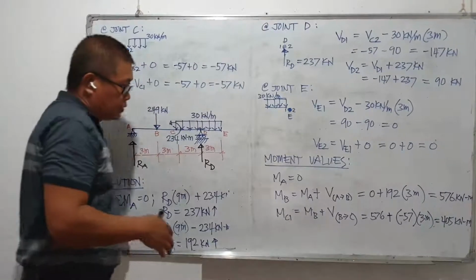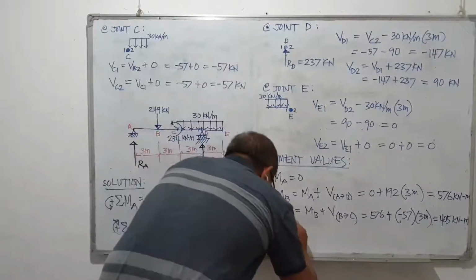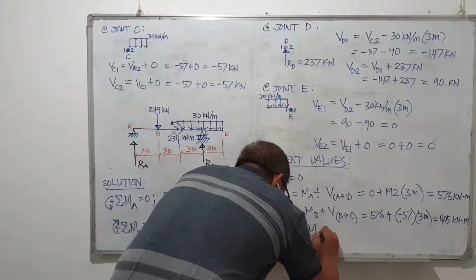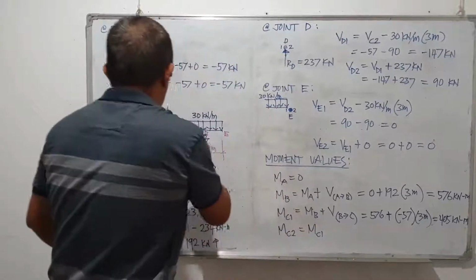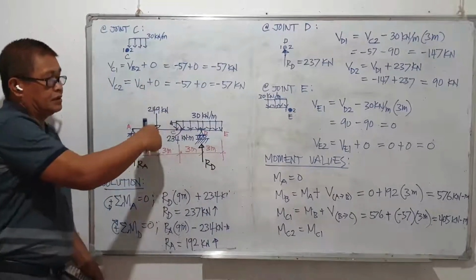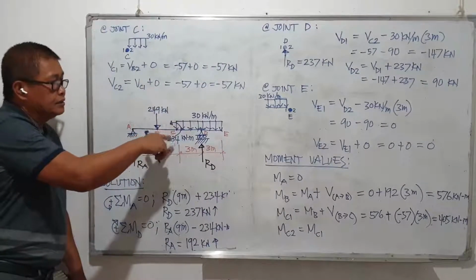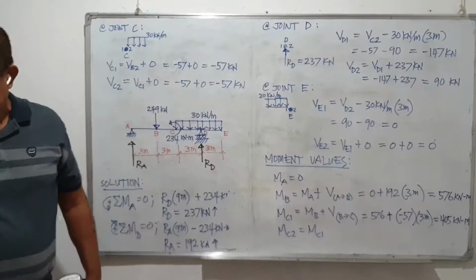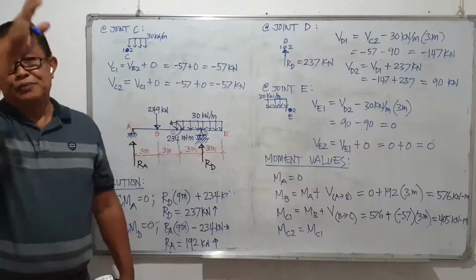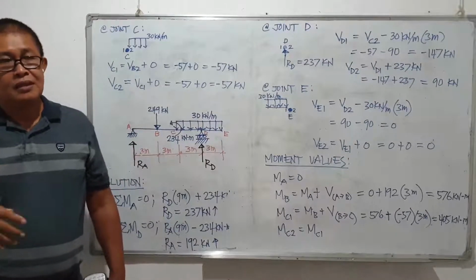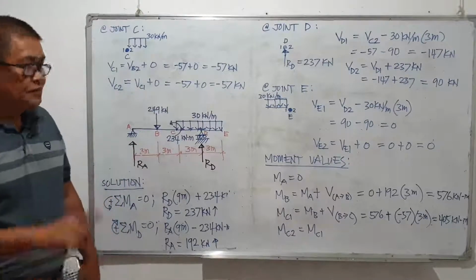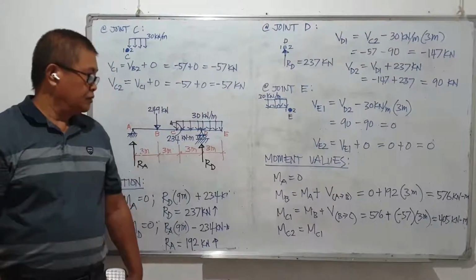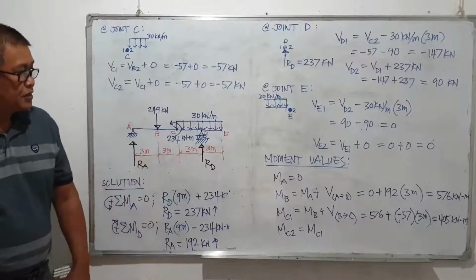Because we have an applied moment, we'll have M sub C2 equal to M sub C1 minus 234 kilonewton meters. This moment is negative because it is counterclockwise, as we saw in the derivation of the relationship between loading, shear, and moment. Counterclockwise moments are negative, clockwise moments are positive. That is the common sign convention we use for beams.